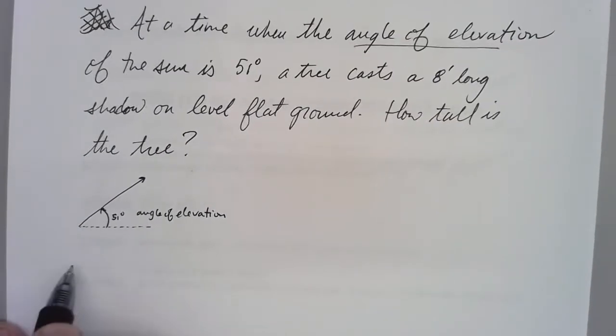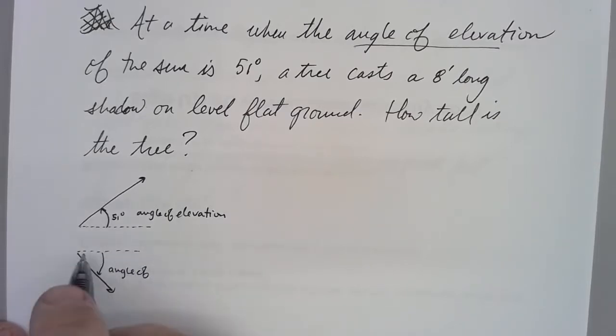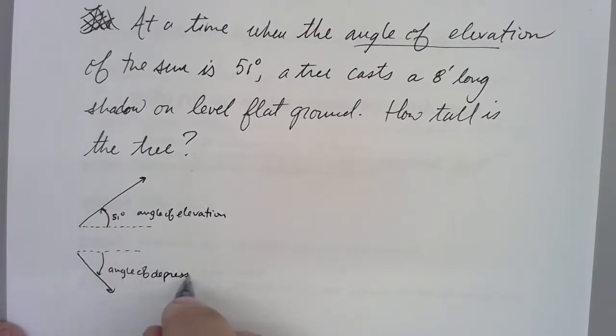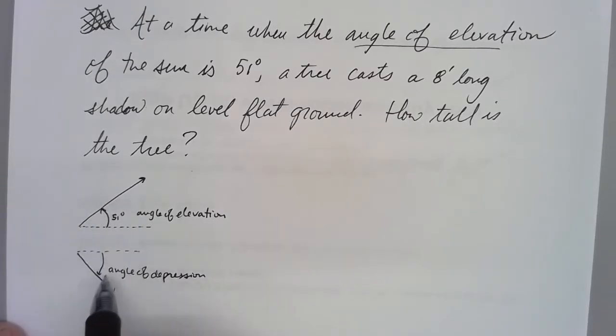You will also sometimes see story problems with something called an angle of depression, which is the same idea, but it's how many degrees you need to go down from a horizontal line. It's always using a horizontal line as a reference. So this would be an angle of depression. You're elevating your line of sight or you're depressing your line of sight.